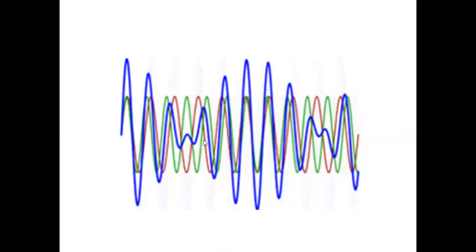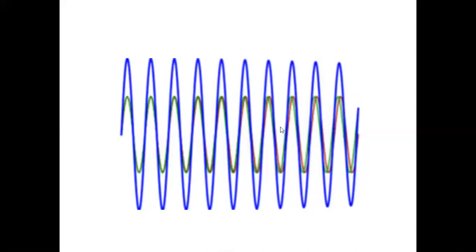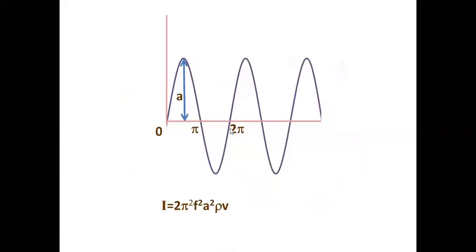When the crest falls not exactly on trough, somewhere else, amplitude will be less. That means the intensity of the resultant wave keeps on changing because of the amplitude. If it is a light wave, the intensity of the light changes. If it is a sound wave, the intensity of the sound changes. So amplitude controls the full intensity.